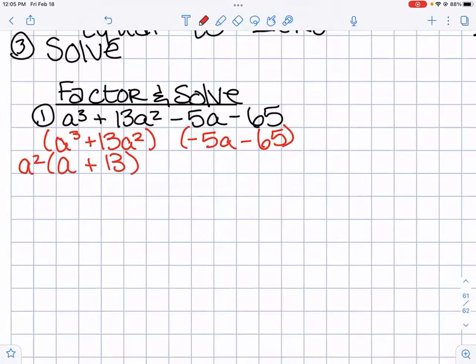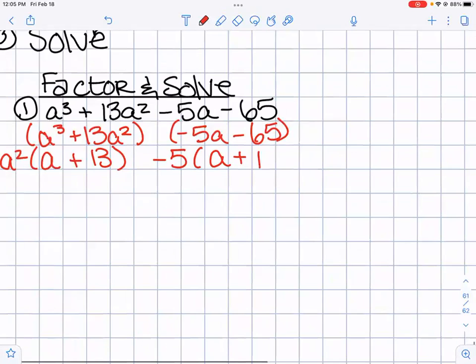Okay, then second problem. -5 goes into both of those. So then I have a, what happens here? Changes to positive, plus, what's 65 divided by 5? 13.